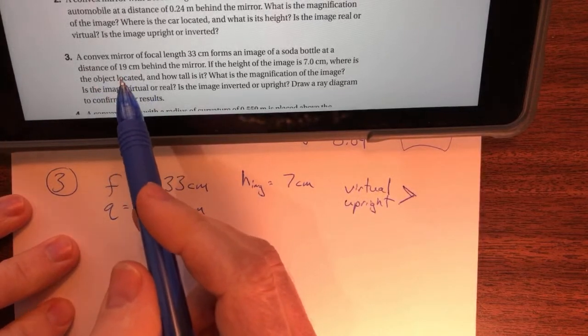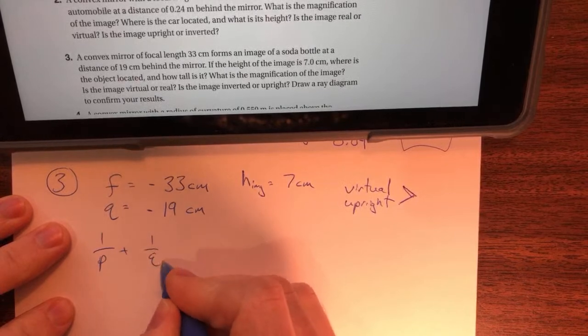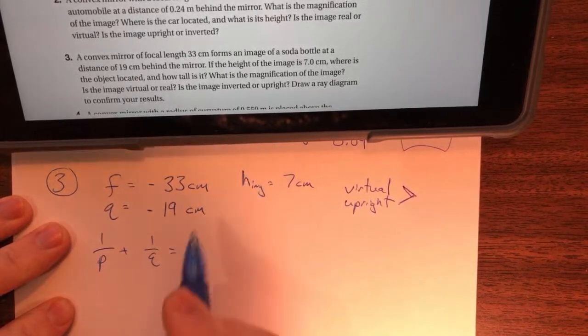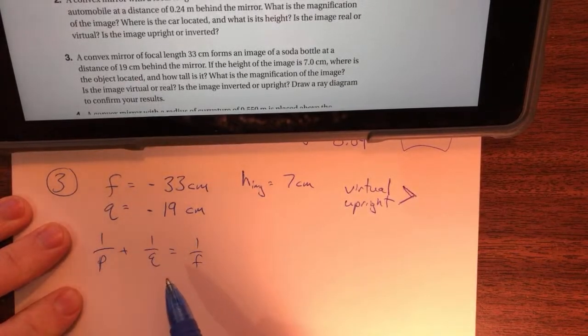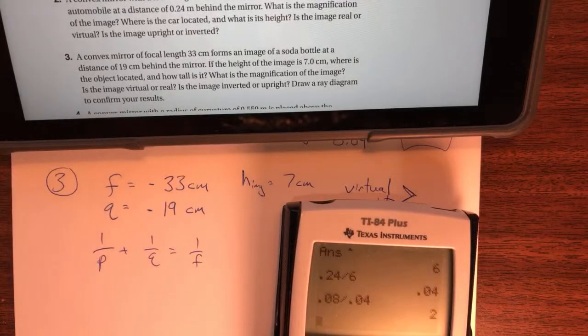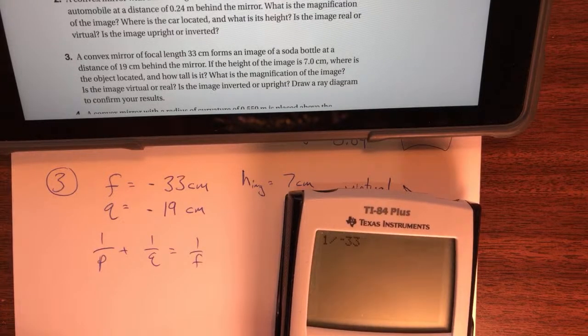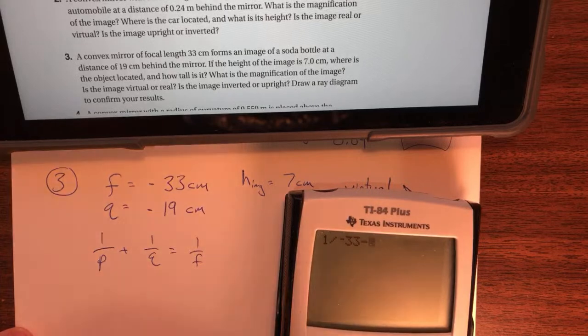All right. So 1 over P plus 1 over Q equals 1 over F, and we're solving for P once again. So that's going to be 1 over negative 33 minus a negative 1 over 19, so plus 1 over 19.